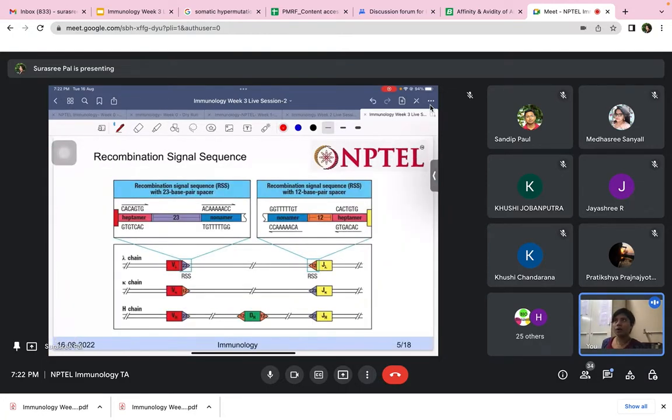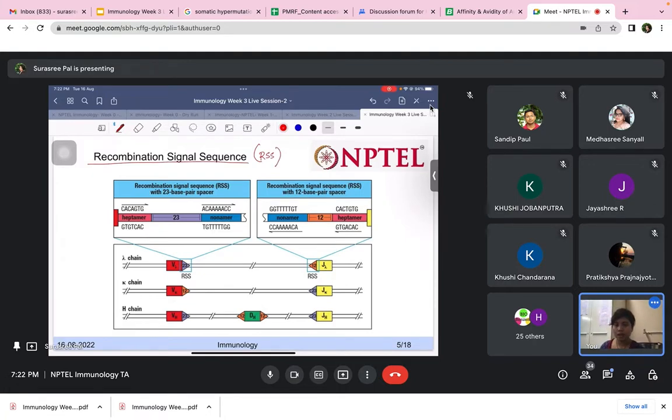Alright, now let's look a bit more into the recombination process. This recombination process actually takes place because of the presence of a particular signal sequence, which is called the recombination signal sequence, RSS.